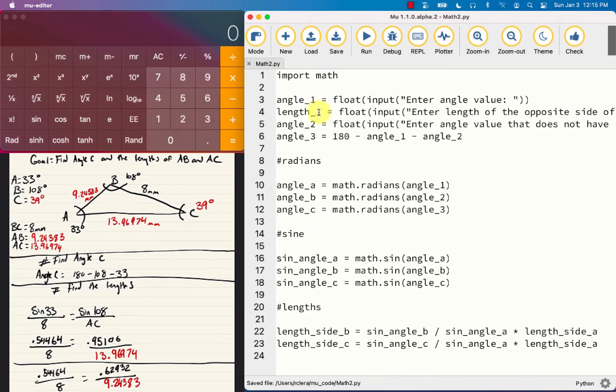What do we call it? No, we just called it length 1 because this is the user input. Okay.